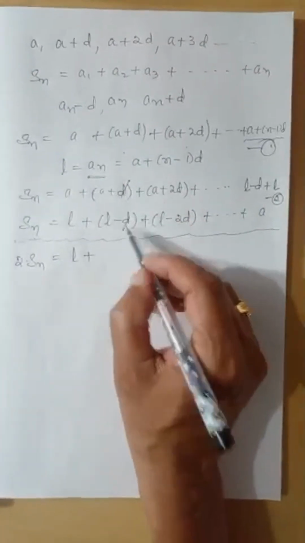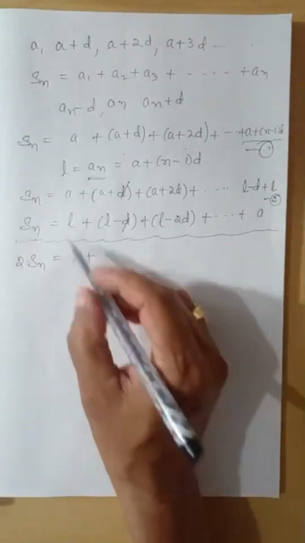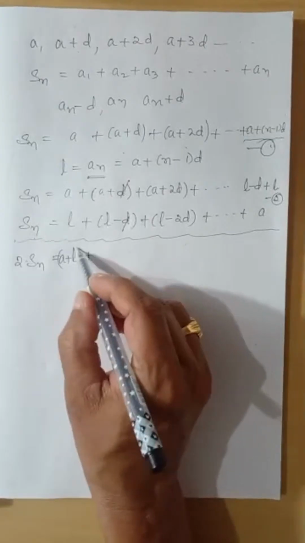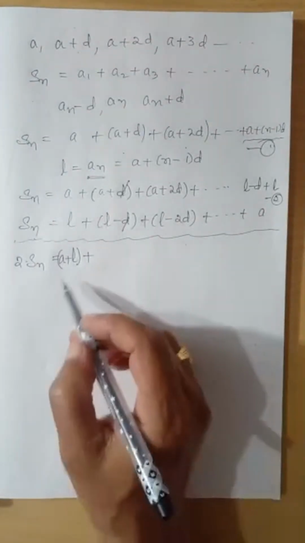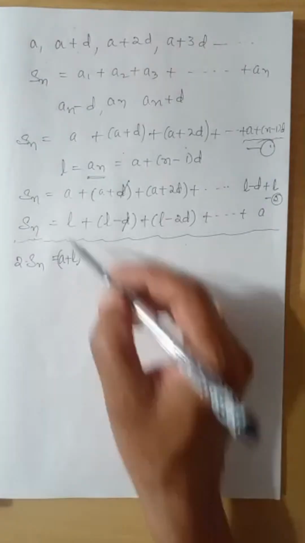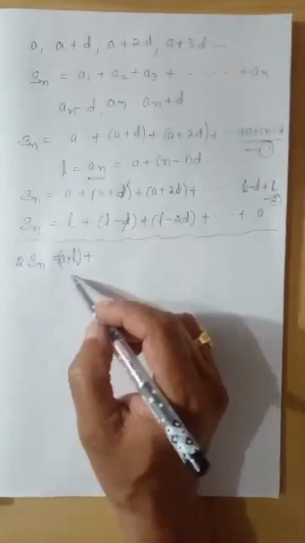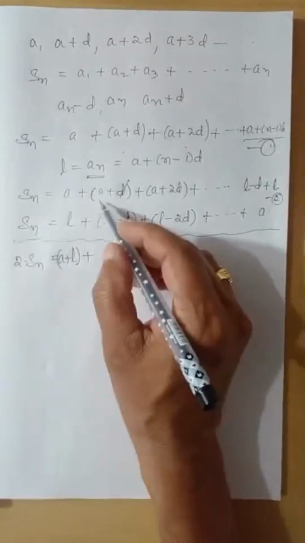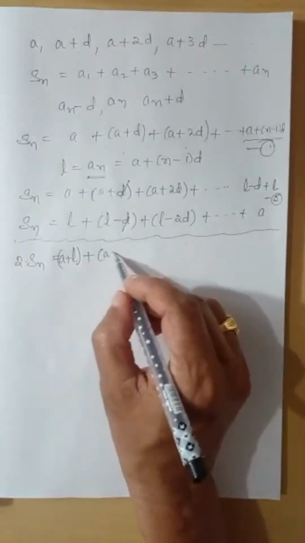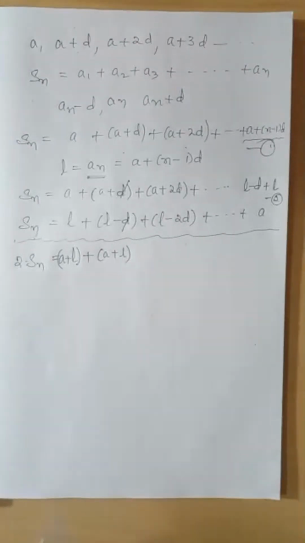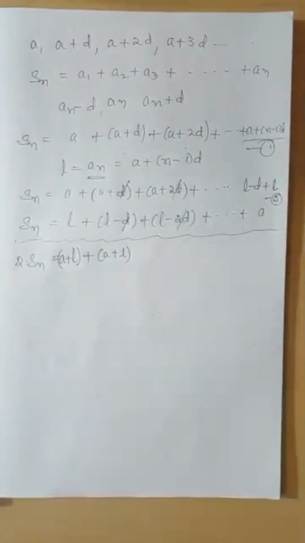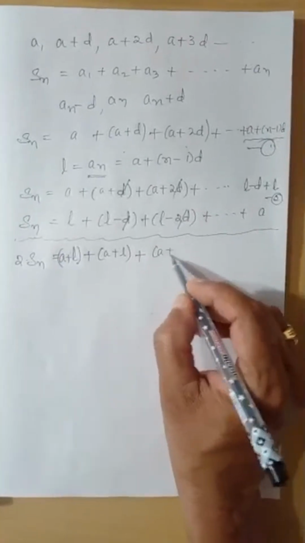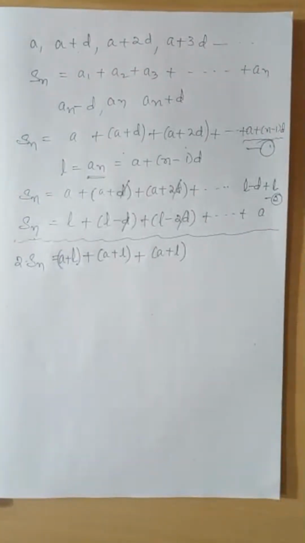Plus d minus d cancel, so a is left and l is left, that is a plus l. In the same way, plus 2d minus 2d cancel for the third terms, so again a plus l. Okay, my dear children.